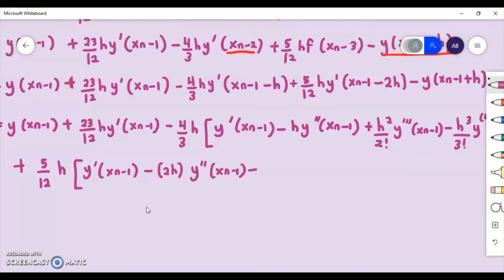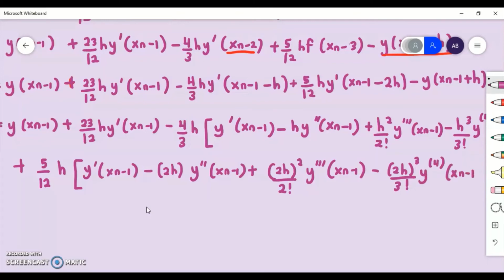Now negative will be positive: h squared, so 2h squared over 2 factorial y triple prime x_{n-1}. Positive will be negative: h cubed, right? So 2h cubed over 3 factorial y to the fourth derivative x_{n-1}. Now close the bracket.